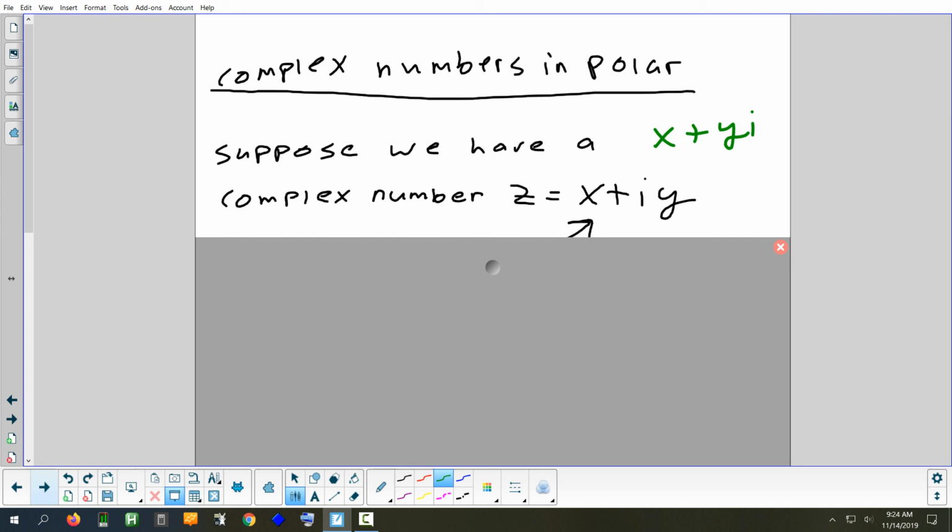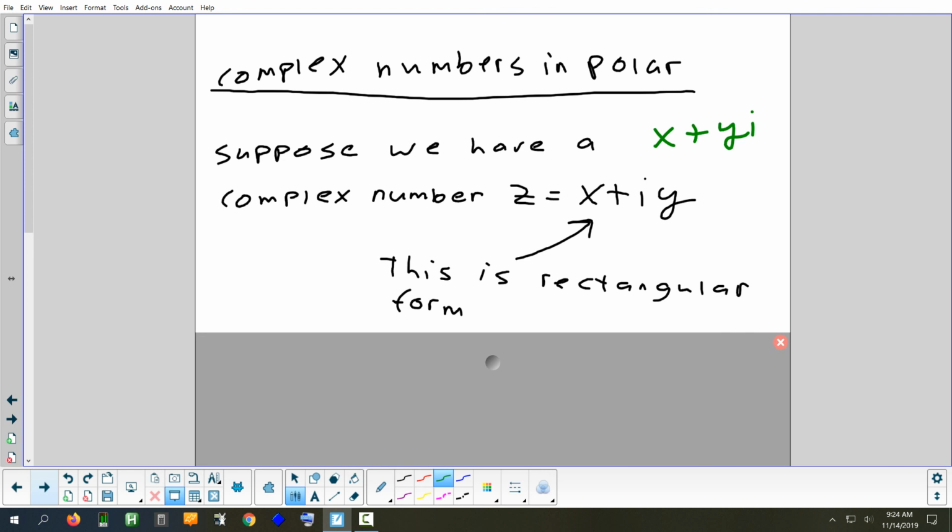For the formula that we're going to come up with, they put the I before. It really doesn't matter. 3I, I3, it's the same thing. That's rectangular form. 2 plus 3I. 8 minus 6I. Real part plus or minus imaginary part.